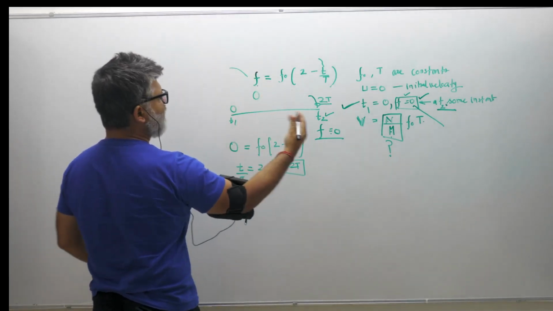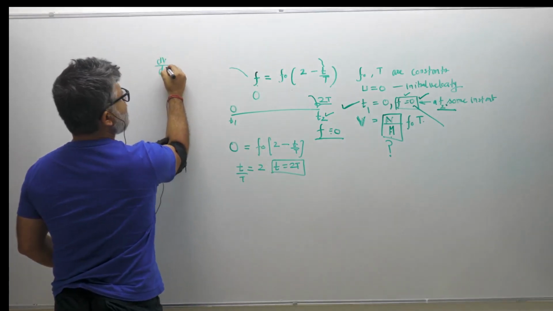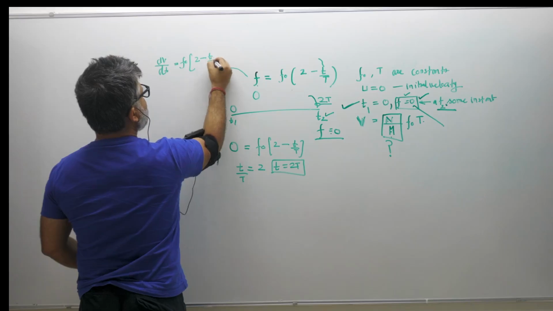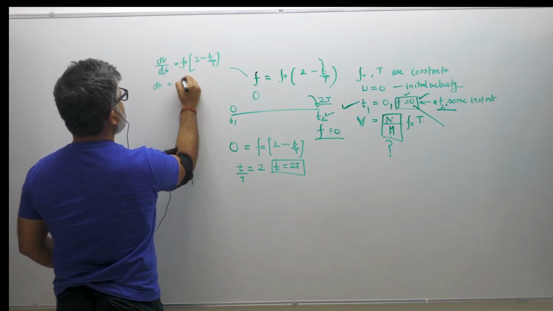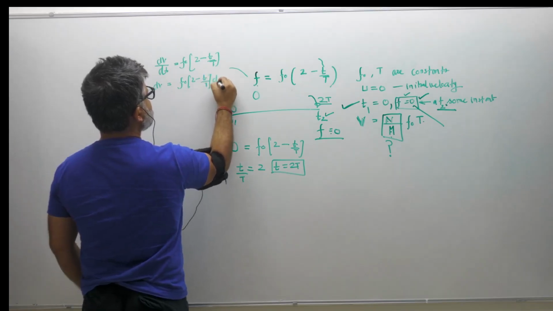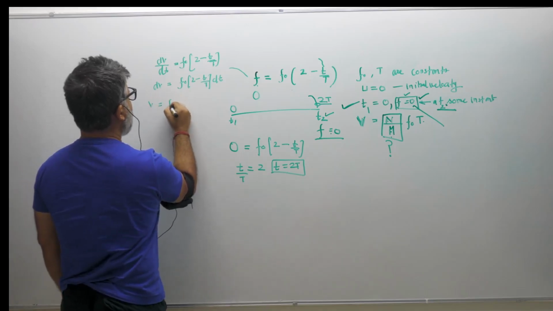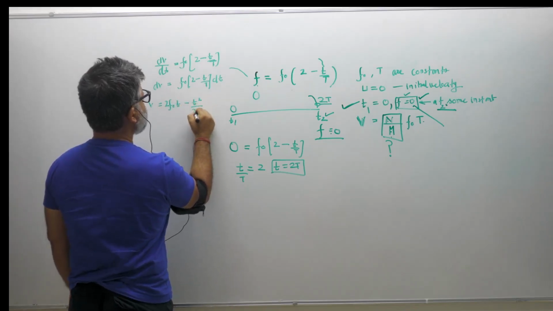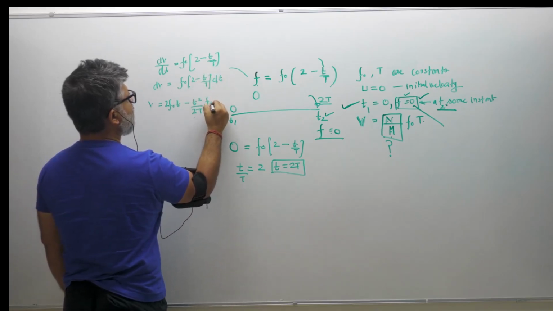So if I write dv by dt is equal to F naught times (2 minus t by T), I write dv is equal to F naught times (2 minus t by T) dt. If I integrate both the sides, what I get is v equal to F naught (2t minus t square by 2T) plus a constant.